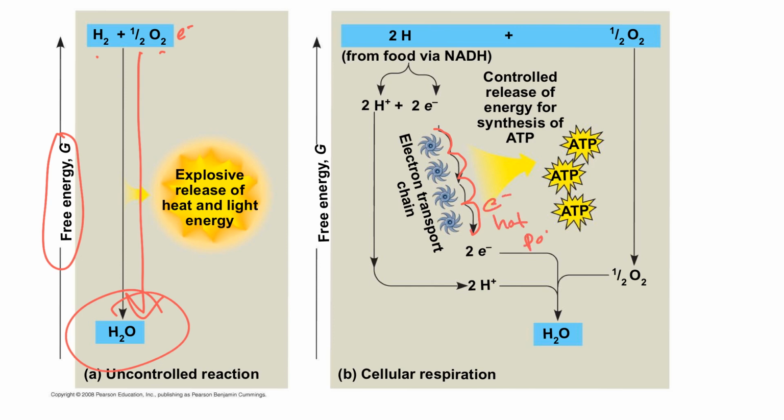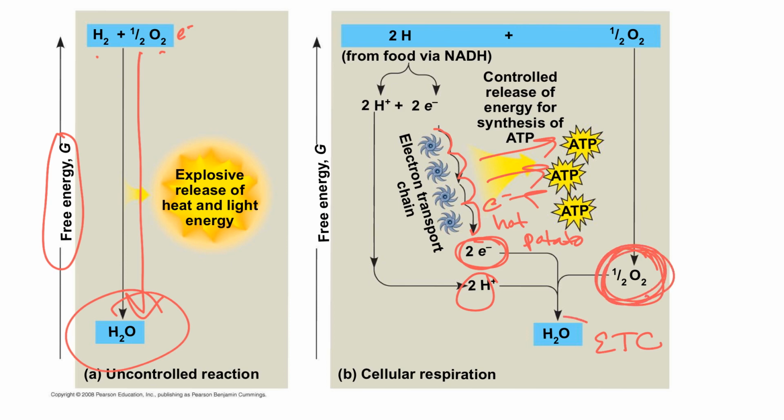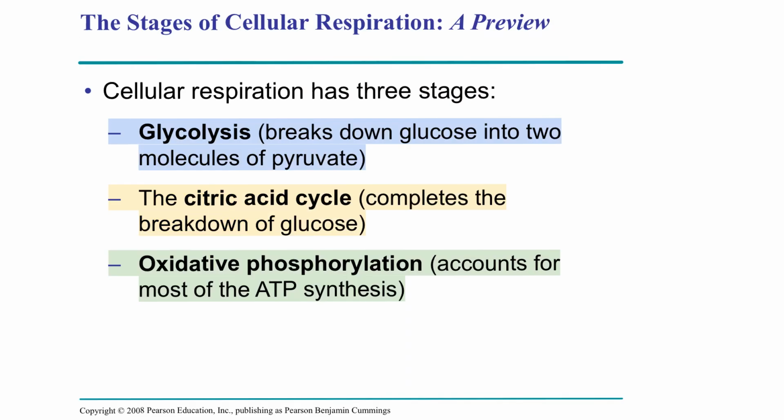That's what I call the electron transport chain. Electron hot potato in the electron transport chain. And I am going to siphon off enough energy to make some ATPs, but still the same thing happens. I'm still making water. I still have these electrons, but now they're lower energy because they've gone down a series of transport. Oxygen is still going to accept the electron, and I'm going to make water.